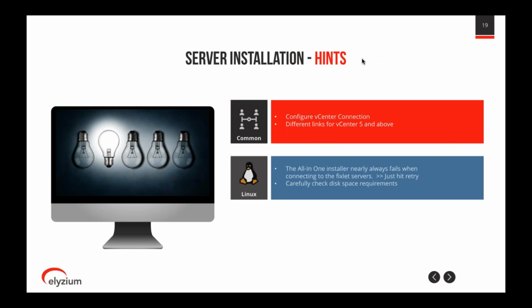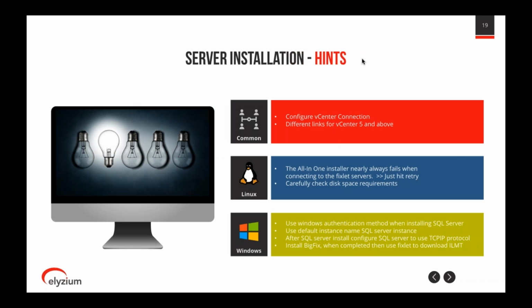So there's a few more manual steps, but again, if you've planned it properly, then you really won't have an issue with the install. So a couple of hints and tips. I would suggest that you get your vCenter, and again, I'm talking about vCenter, but the same applies for other hypervisors as well. Make sure that you configure the connection as soon as it's installed, so it can gather the underlying hardware information.